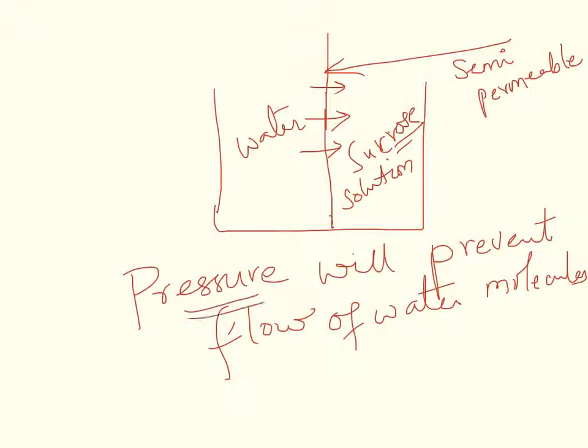This pressure depends on the number of sucrose molecules present in the solution. If you decrease the sucrose molecules, the pressure will be less, and if you increase the sucrose molecules, the pressure will be more. So osmotic pressure is a colligative property as well.